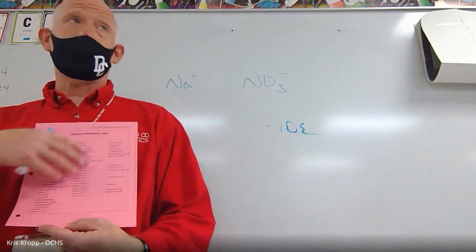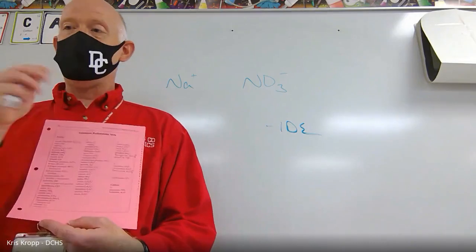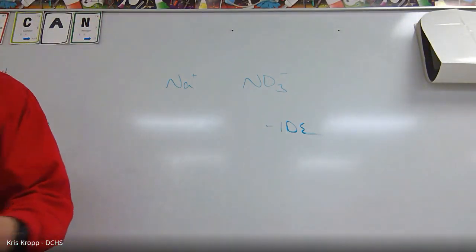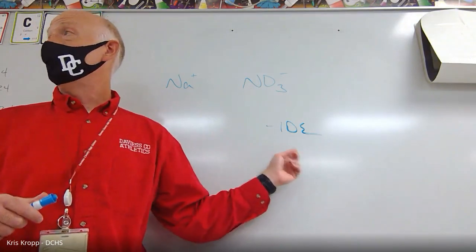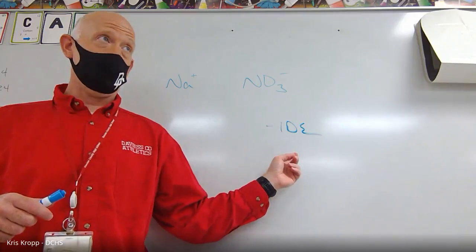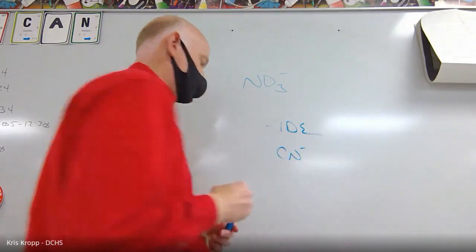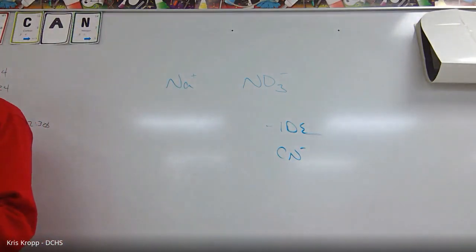Now, the interesting thing about the polyatomic anions that end in IDE: how are they differentiated? Why are they different than the ATEs and the ITEs? Well, these guys, generally speaking, don't contain oxygen. So, for example, here's one. Cyanide. Notice it doesn't have oxygen. Ends in IDE. Okay? And that's true.